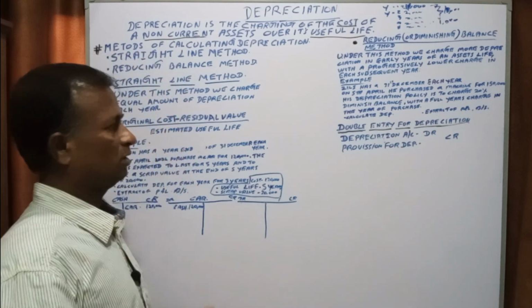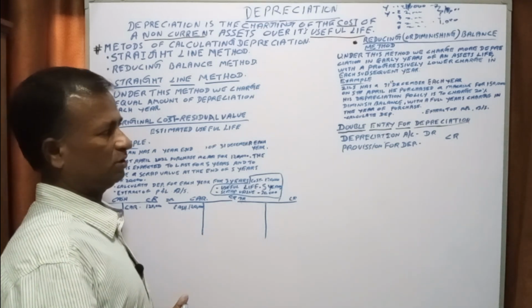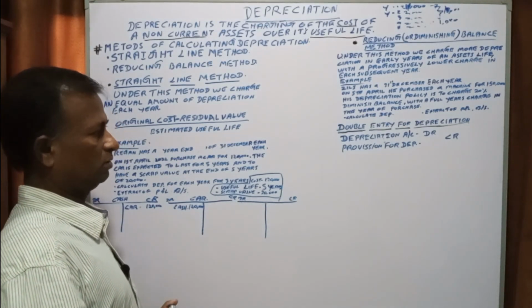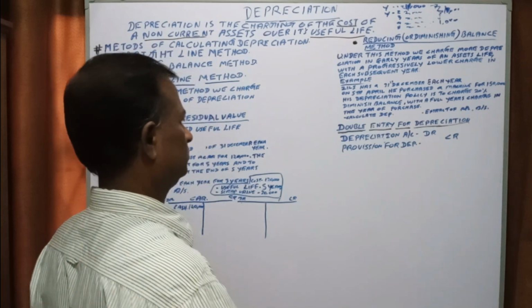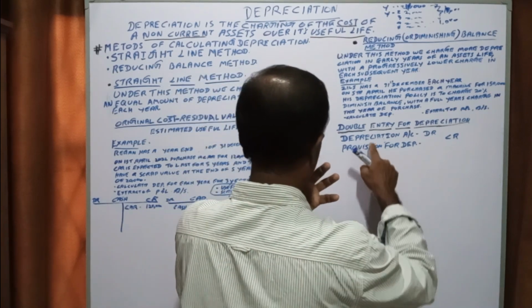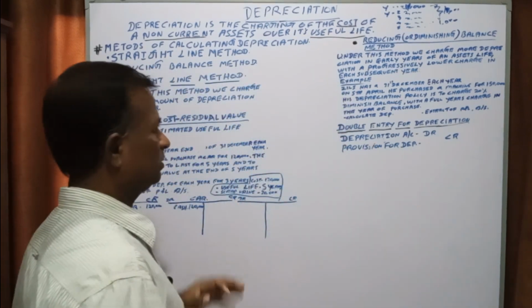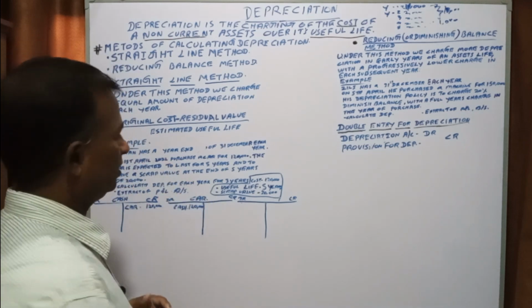Depreciation account debit, provision for depreciation account credit. So this is the double entry.